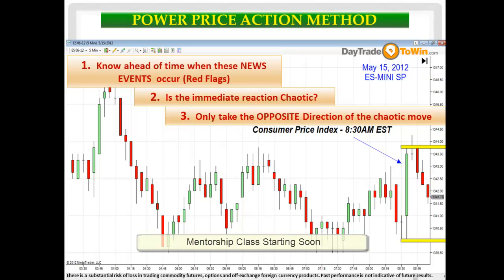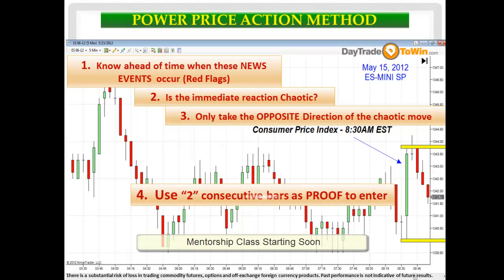What I use as proof is 2 consecutive bars below the low of that green bar to enter. That's what I use as proof. I use price, right? I'm not using anything other than the price itself.